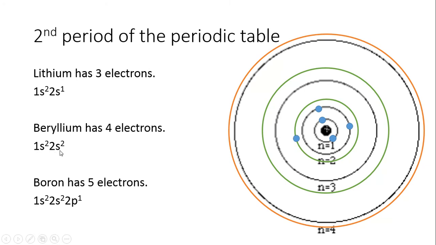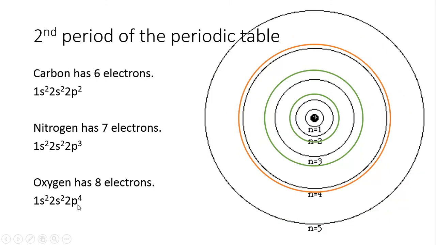Boron has 5 electrons, so we have added an electron to our 2p orbital, because our 2s is now full. Remember, s can only have 2 electrons. So boron is going to be 1s2, 2s2, 2p1. That's the electron configuration for boron. Carbon has 6 electrons.